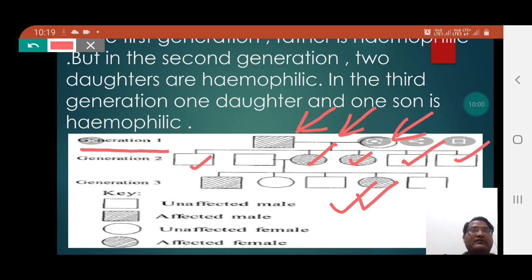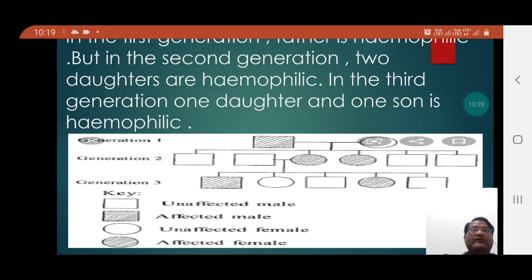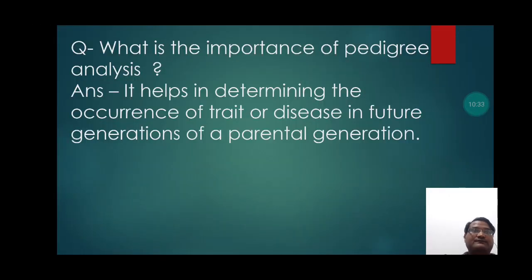In the second generation, we notice that two females are hemophilic from this parental generation, and in the third generation one daughter and one son are hemophilic. So students, with the help of pedigree analysis, we can very easily find out the progeny of various generations.